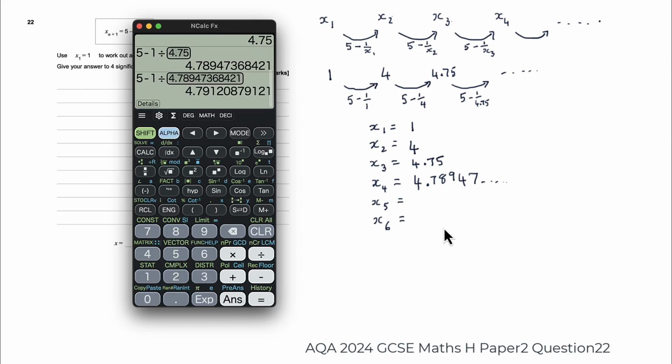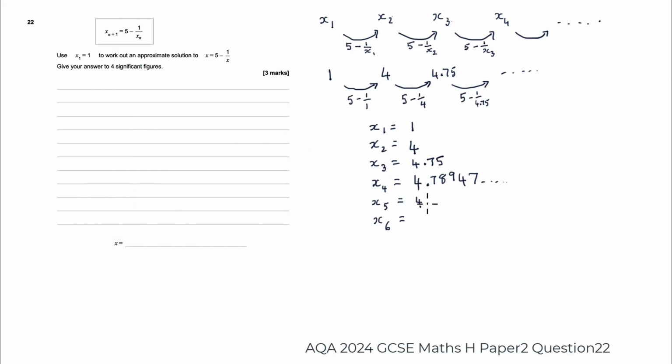And there we go, it's 4.79120. Now you can see these are beginning to agree with each other, possibly up to 2 decimal places if we rounded these off. That's really 3 significant figures so far.